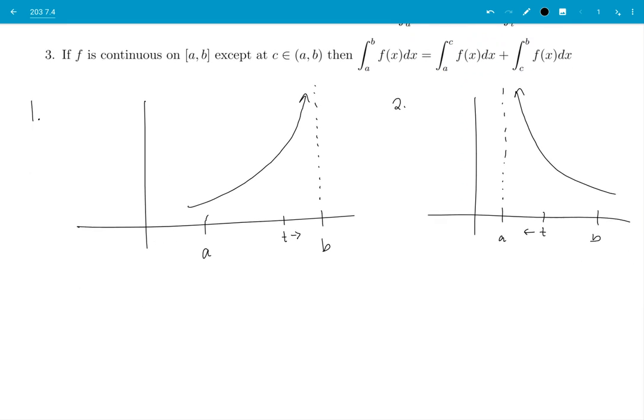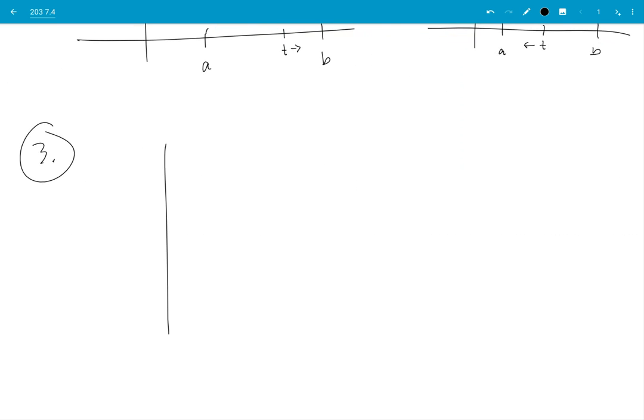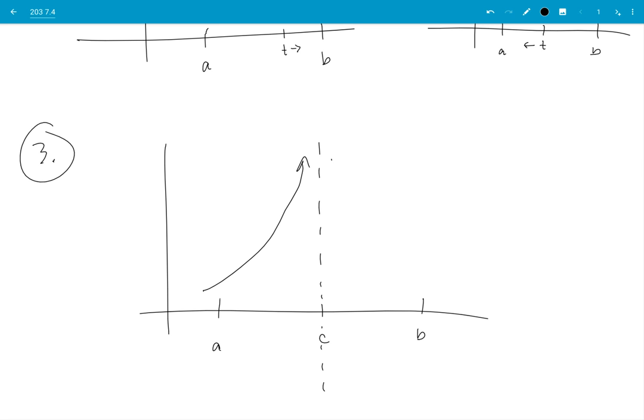In part 3, you have some issue happening in the middle. So you have A, and you got B, and you got C in the middle. So maybe you have an asymptote on both sides, like this.